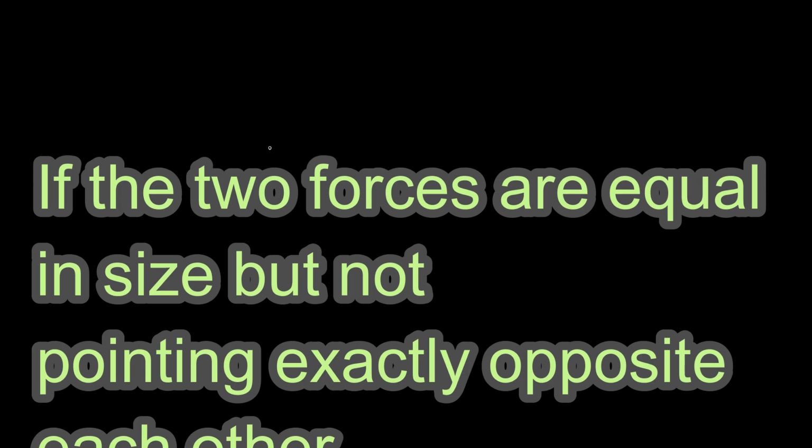If we have, say, a line here, and we have a force acting down at this location, let's say this is 5 as well, and then we also have another force acting somewhere here, and this is 5, so both of them are the same, then the object won't be stable, because they're not acting on the same point.